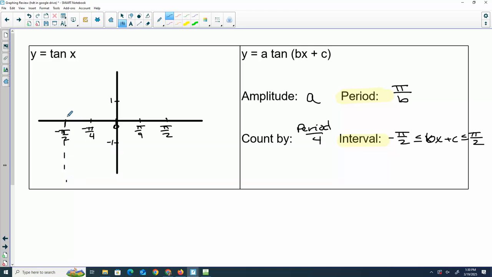We have an asymptote at negative pi over 2 and positive pi over 2. Then tangent hits its 0 point in the middle. Remember, it's increasing because negative pi over 4 is like the fourth quadrant, and tangent's negative in the fourth. Pi over 4 is in the first quadrant, and tangent's positive in the first. So our graph looks like that.